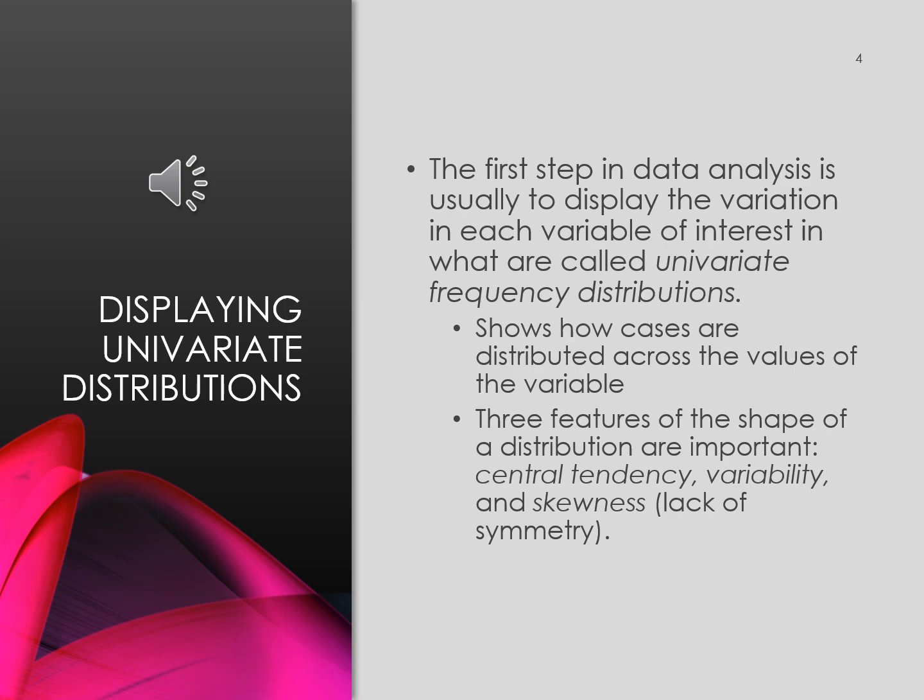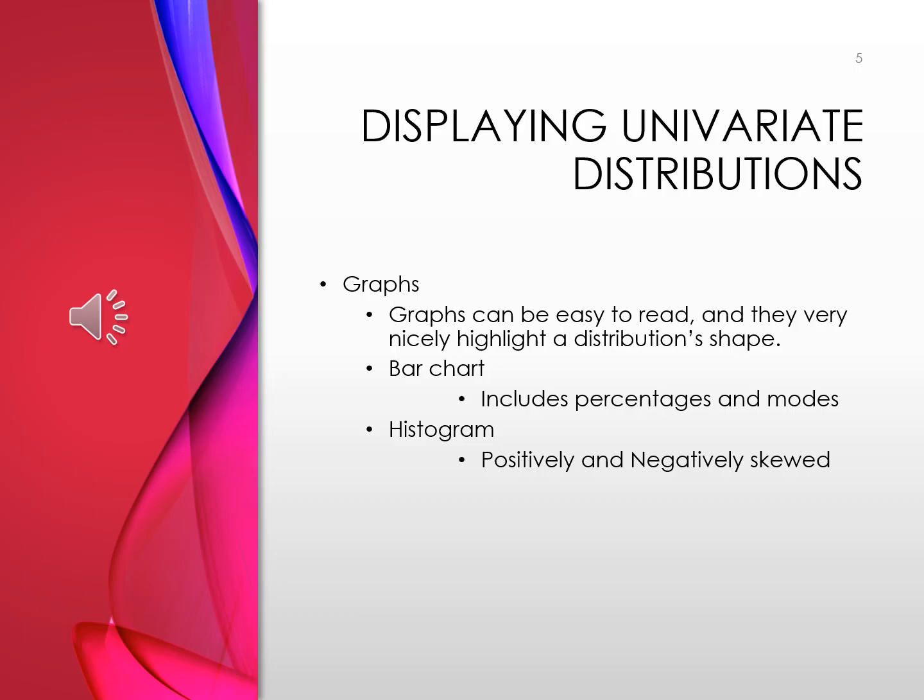Variability is a feature of a variable's distribution that refers to the extent to which cases are spread out through the distribution or clustered in just one location. And then we have skewness, which is a feature of a variable's distribution, referring to the extent to which cases are clustered more at one or the other end of the distribution rather than around the middle.